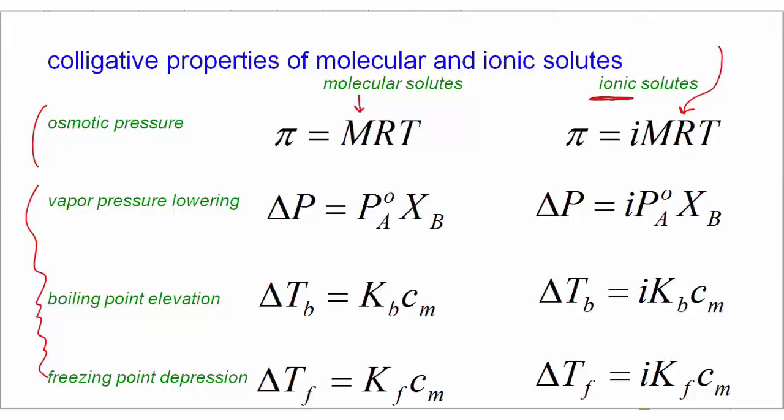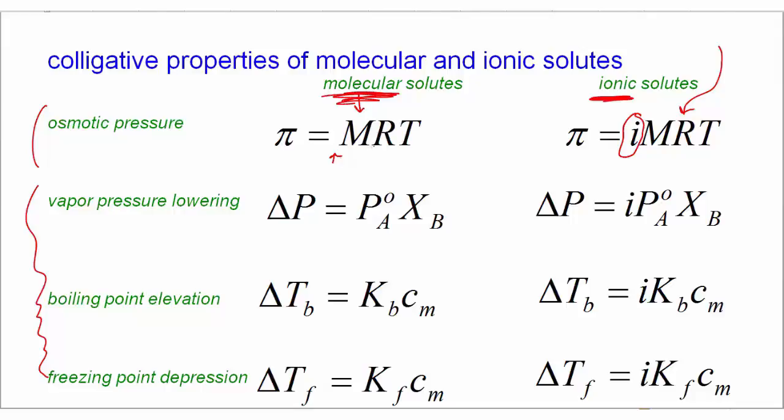Before we had molecular solutes, where no ions can be present, for example sugar. Now we can have ionic solutes. Depending on whether you have a molecular solute or an ionic solute, you're going to use a different set of equations. And notice the only difference is this little i. There's no i over here.